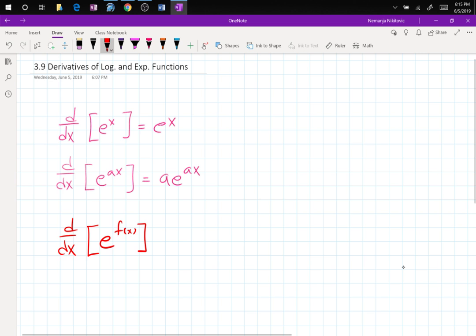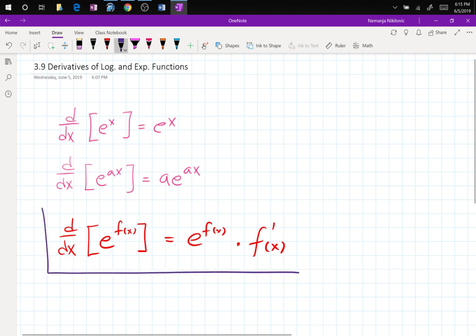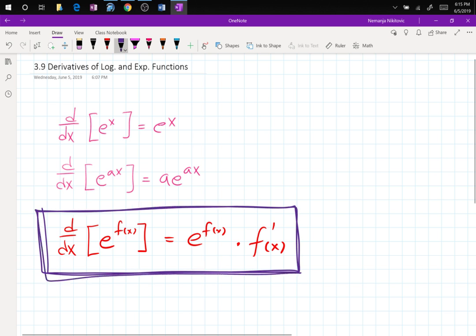And to develop this formula, all you need to do is to use the chain rule. The derivative of e to something is e to that something times the derivative of the function. This is the formula which you will be using 95, 99, 90, whatever percent of the time. This is the most frequent formula.